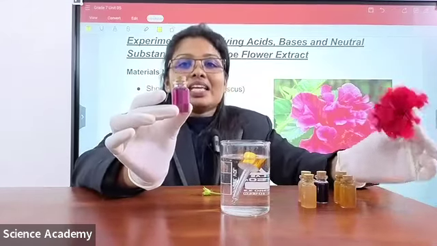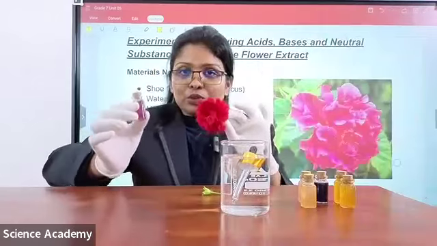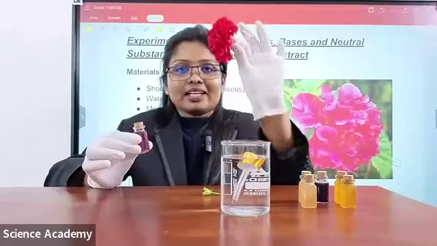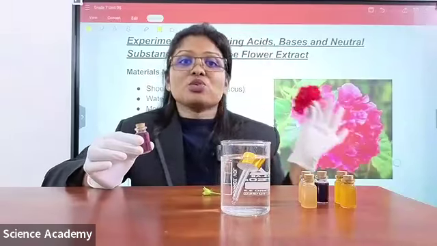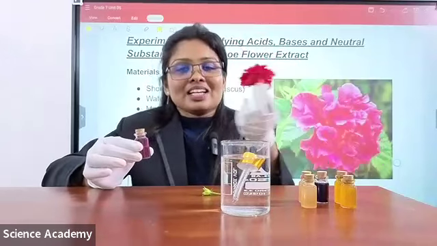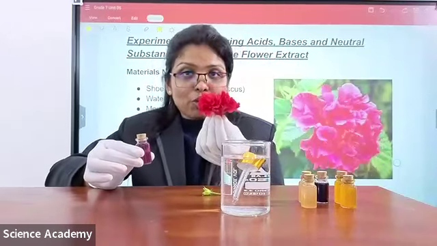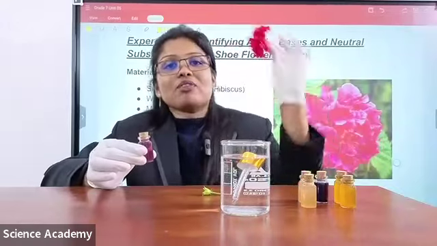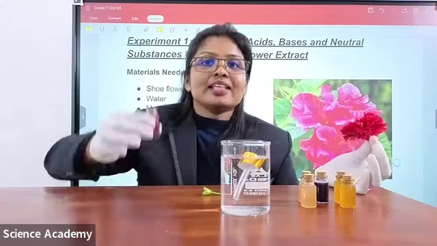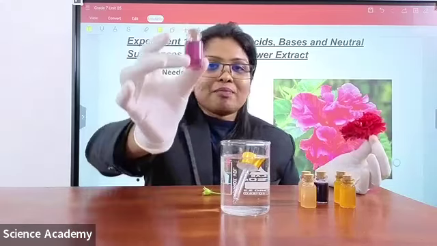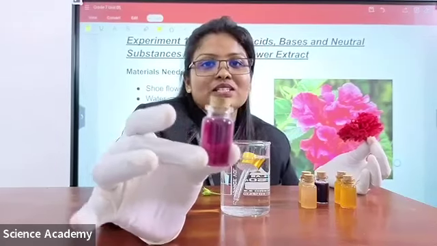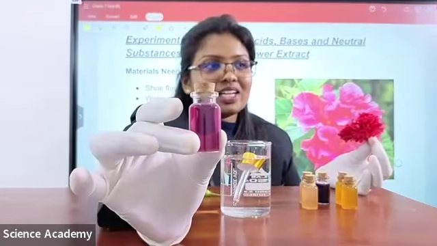Okay children, here I told you how we prepare it. Take the petals of this flower and crush them, we just crush it using mortar and pestle, and then we just boil it using hot water, or else you can put this flower into a water bath and then heat it up. Thereafter, after removing all the debris, I have prepared this shoe flower extract. Okay, so this is observed red in color.